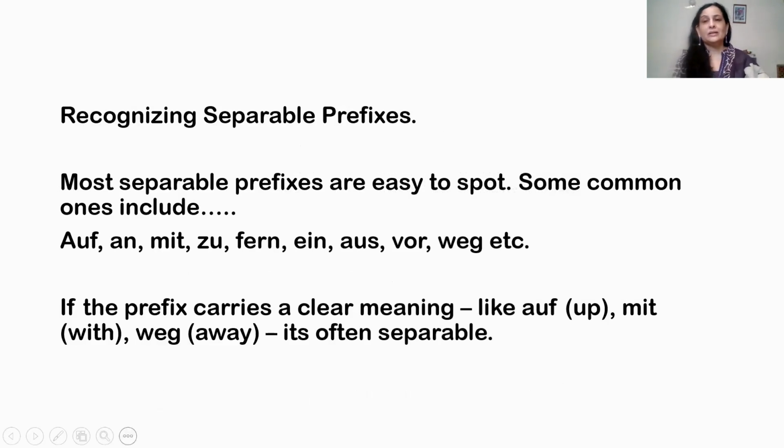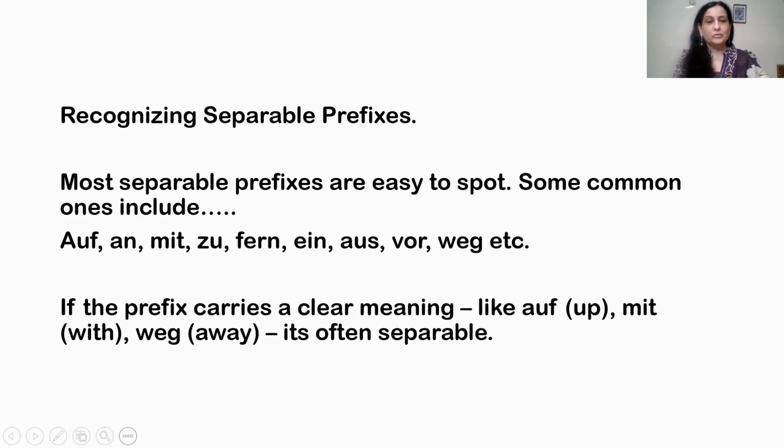Now, recognizing separable prefixes. Most separable prefixes are easy to spot. Some common ones include, these are the very common prefixes, right? In German: auf, an, mit, zu, fan, ein, aus, vor, weg, etc. Now, what happens here?